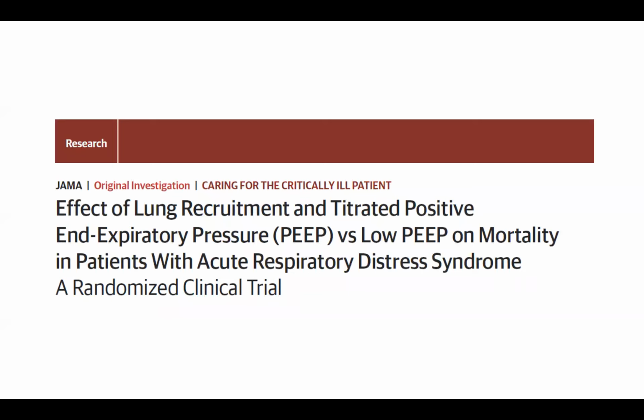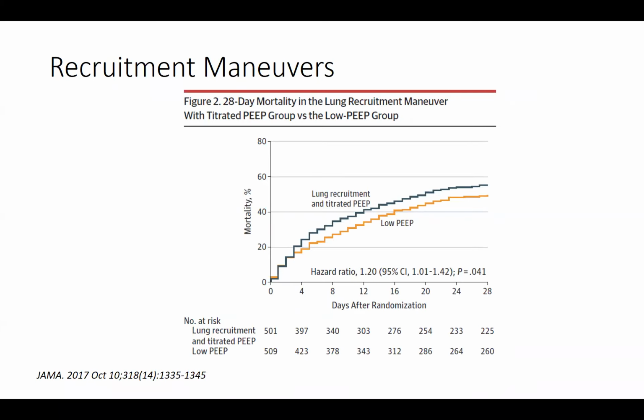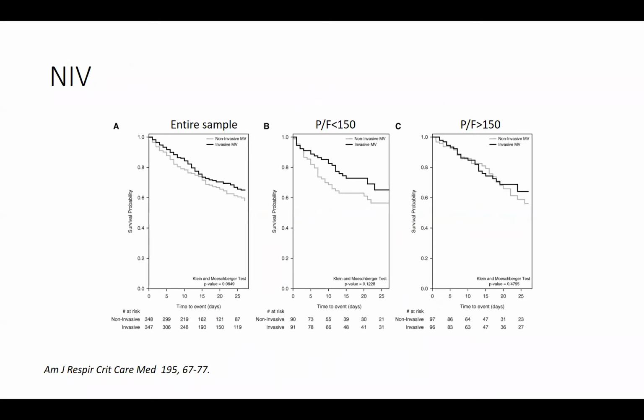So my take on this is, well, my bias is I don't believe in recruitment maneuvers, to be honest with you. But if you do want to use recruitment maneuvers, you need to be careful and not go crazy like these pressures that they used here. These were excessive, and clearly they had worsening mortality with it.